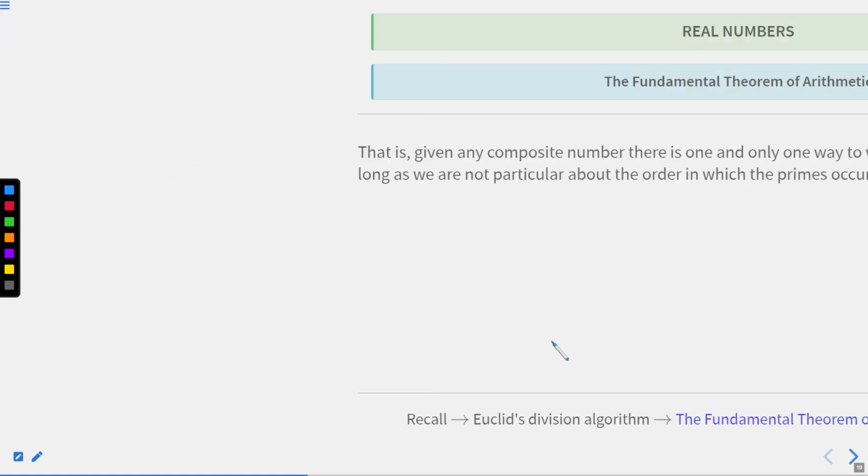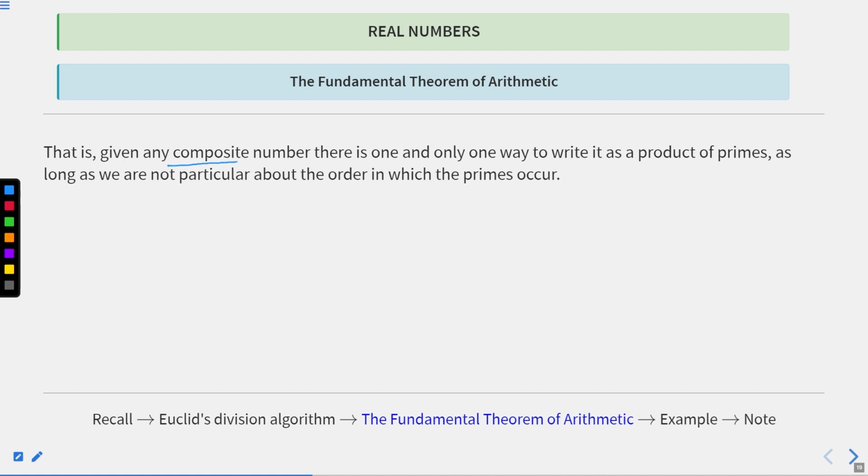Given any composite number, there is one and only one way to write it as a product of primes, as long as we are not particular about the order in which the primes occur.